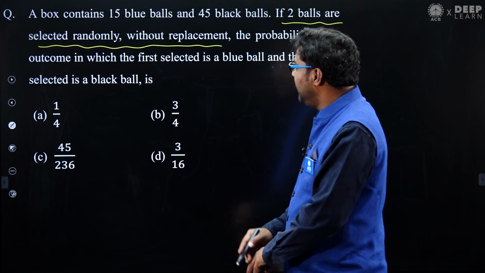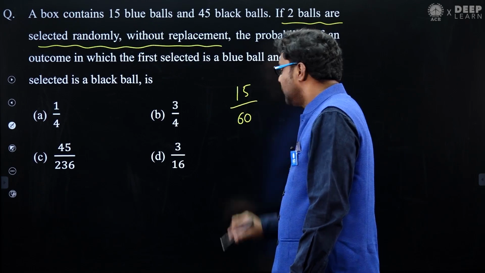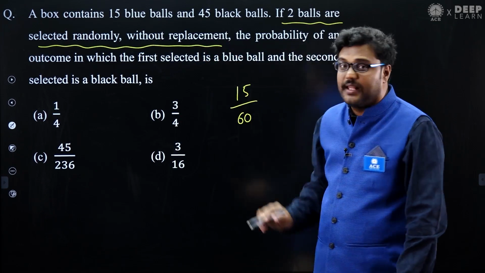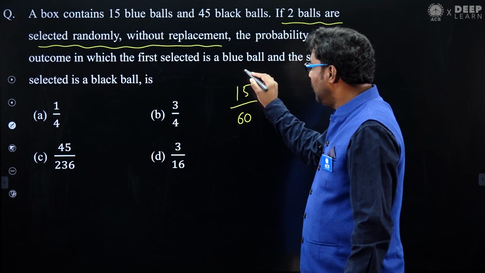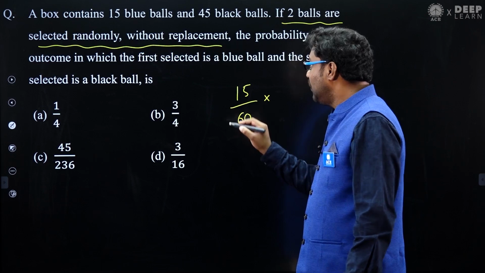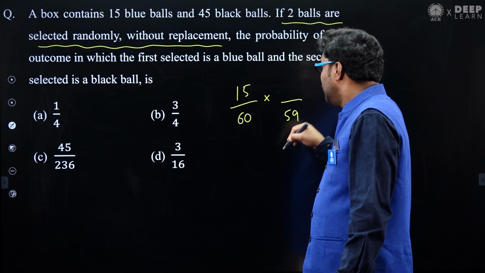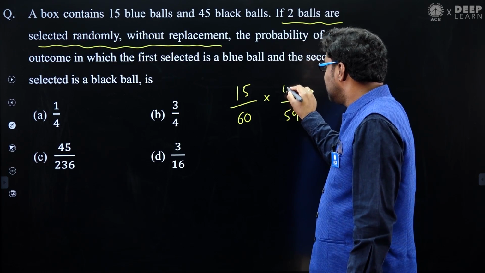First one blue ball means 15 chances out of total 60, my dear friends. Total 60 balls are there. If you want a blue ball, 15 chances out of 60. Now, without replacement, they said the total is now 59. How many black ball chances is 45.